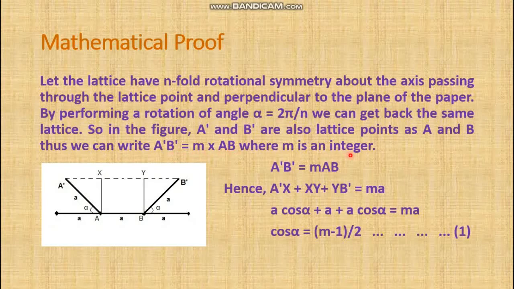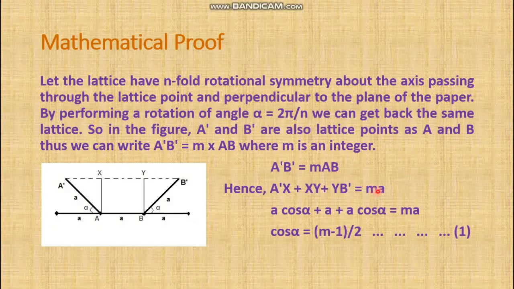Then AB is nothing but the edge length, small letter a. So the condition is that A dash B dash is an integral multiple of AB, that is small letter a. In place of capital AB we write small letter a.